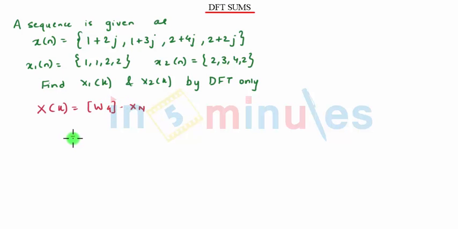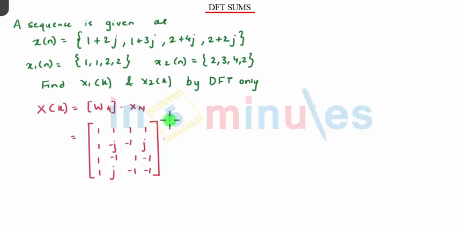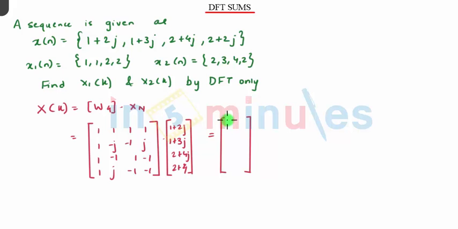Now we know that the twiddle factor matrix is this, multiplied by the x of n, that would be 1 plus 2j, 1 plus 3j, 2 plus 4j and 2 plus 2j. Multiplying both the terms, we finally get 6 plus 11j, minus j plus j, and minus 2 minus 3j.